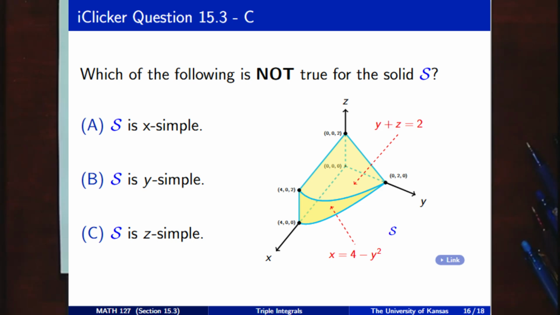Which direction is not simple? You put the nose to the axis, and if you have multiple surfaces, either on the bottom or top, in that direction, it's not simple. I'm going to tell you one more trick at the moment. I just want you to think about the 3D first.